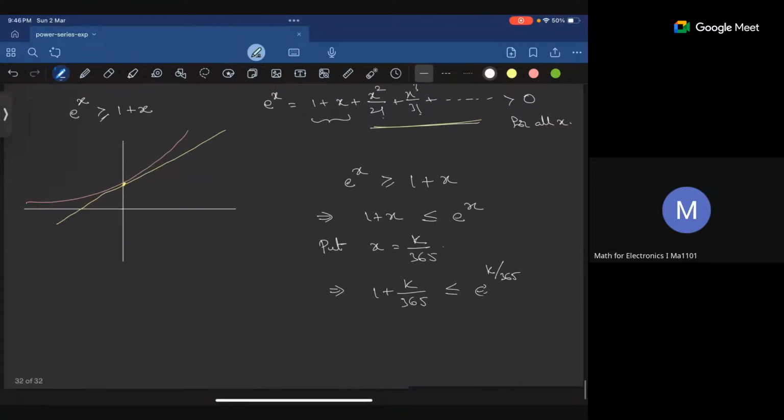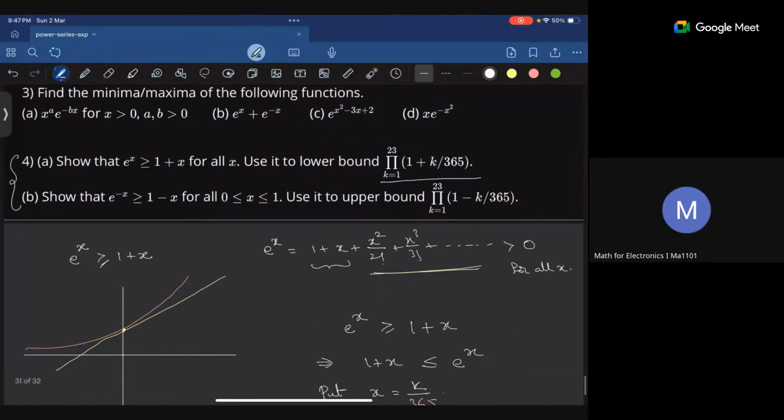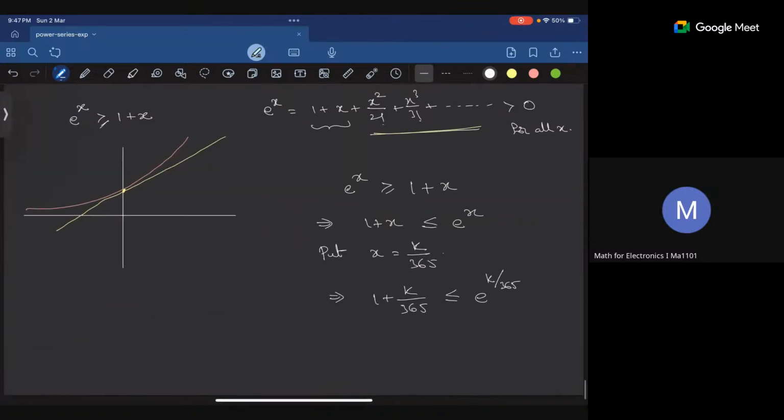Now like this, we have to take the product running, so this pi is like product of the terms when k starts from 1 to 23. If you just take k equals 1, it will be 1 plus 1 by 365 lesser than or equal to e power 1 by 365.